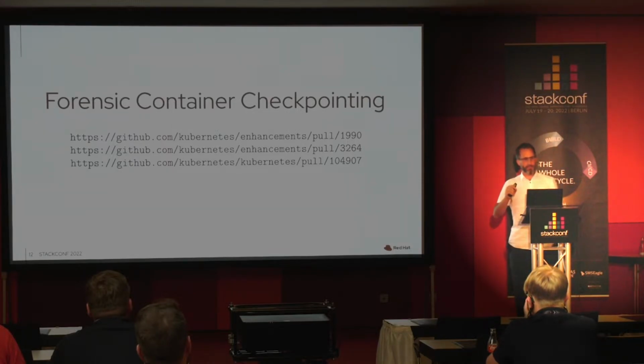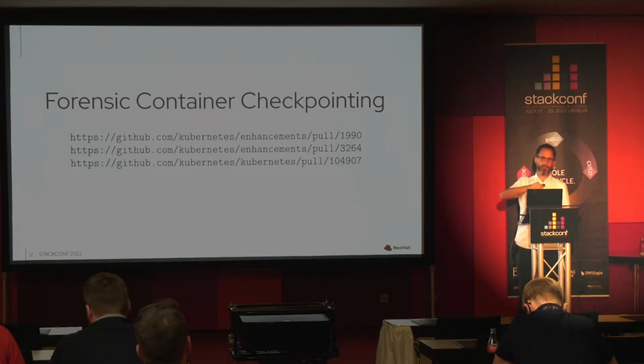The thing which made the whole implementation difficult is that we first had to implement it in Kubernetes, and the Kubernetes implementation is rather small, but we needed the CRI API remote procedure calls for checkpointing because the underlying container engines like containerd and CRI-O, they rely on the definition from Kubernetes.